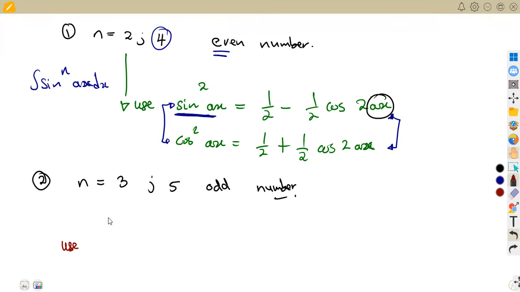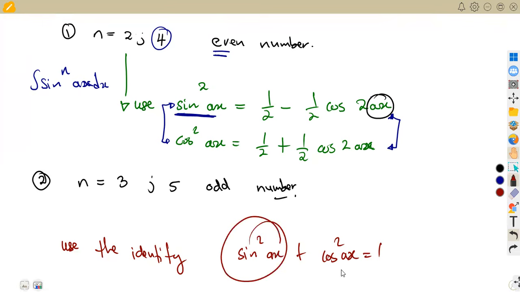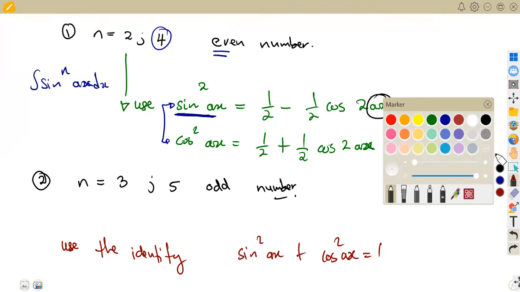We talked about this identity also before. I showed you these identities. So we are going to use the identity sine squared ax plus cos squared ax is equal to 1. So it's either you're going to work with the sine squared, make it the subject of the formula.